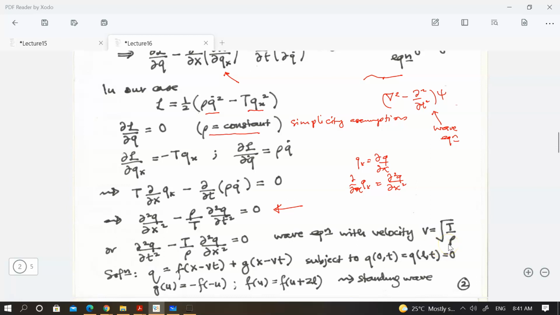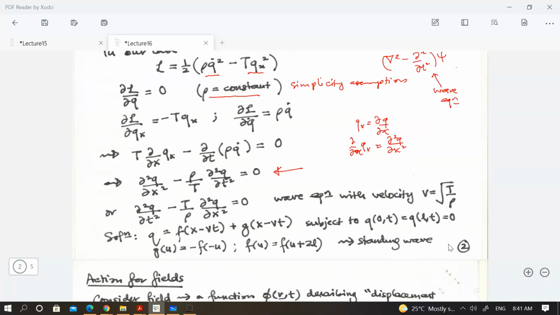Remember your wave equation, usually for the case of light, you have 1 over c squared there. So that is essentially whatever multiplies your time derivative. I should have it the other way, but never mind.